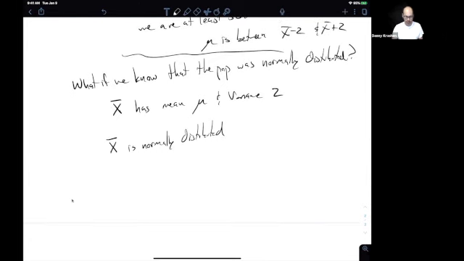With that mean and variance, if you subtract off the mean and divide by the standard deviation, square root 2, this thing is a standard normal random variable.